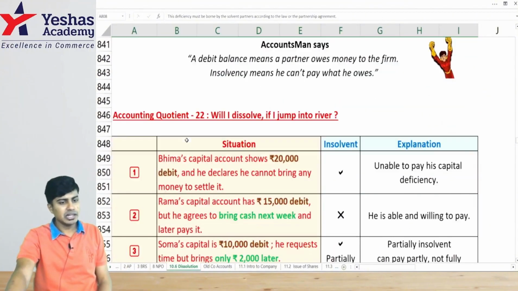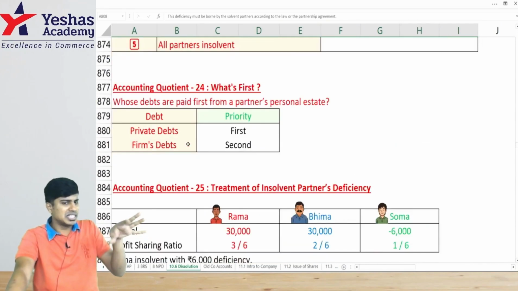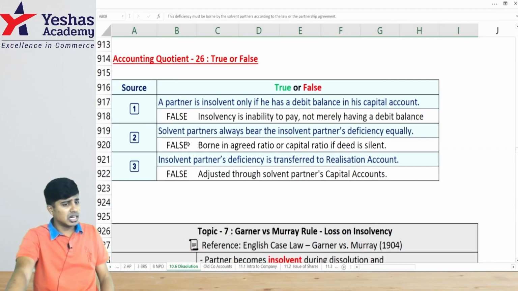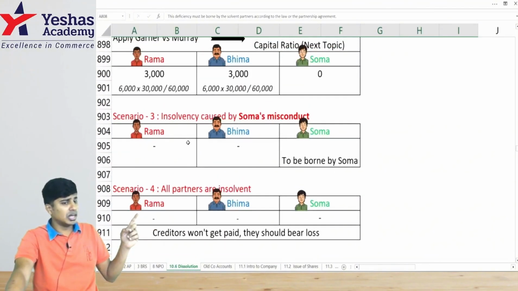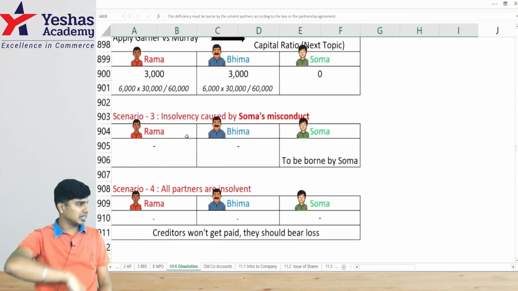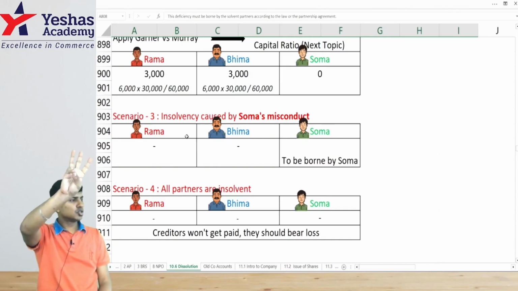We discussed this part. Then we went on to discuss when is he insolvent, when is he not insolvent, how to deal with deficiency and everything. Then one important point I told you: if insolvency has happened because of his own misconduct, other partners will not bear your loss. Rama, Bhima, Soma are partners. Soma became insolvent. Soma's insolvency is borne by Rama and Bhima.